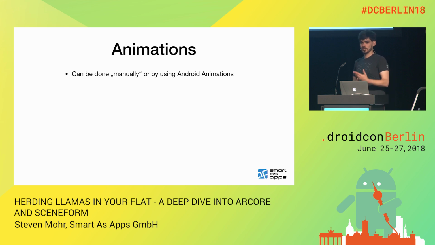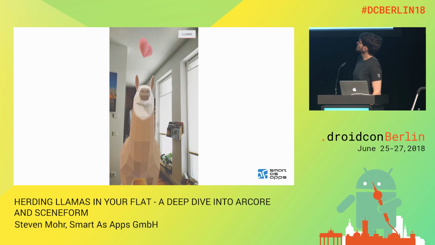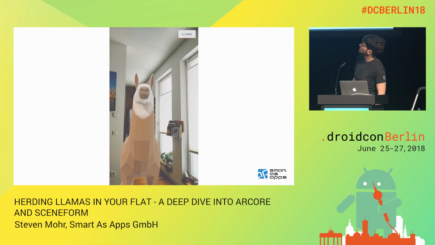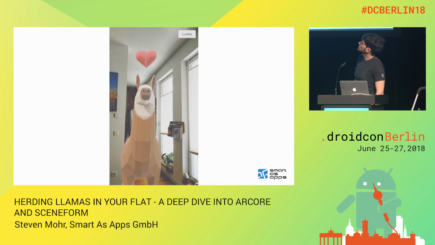So you can leverage your knowledge from Android development here. That's first the animation we want to create. You tap a llama and then a heart comes out, goes up, and rotates. So yeah, that's what we want to create.